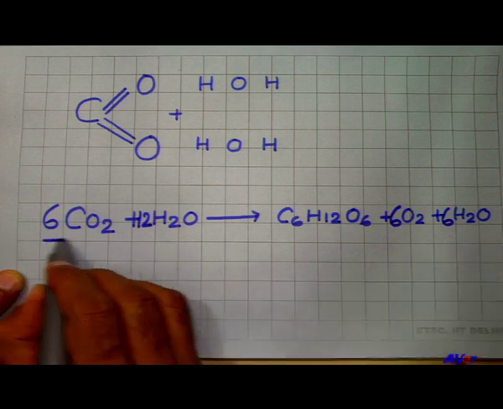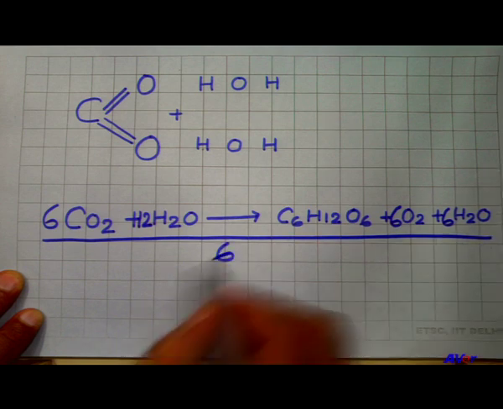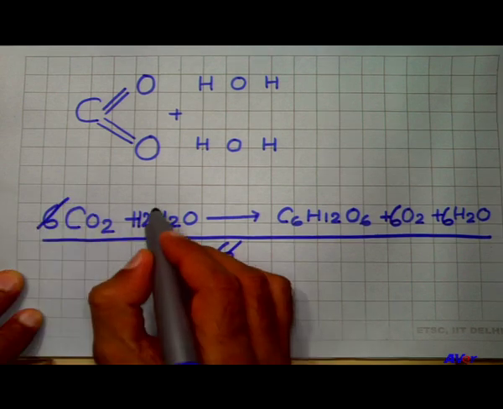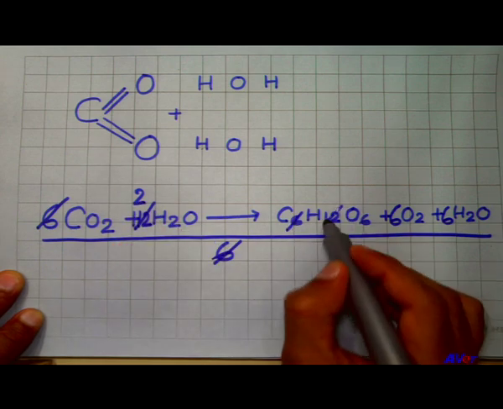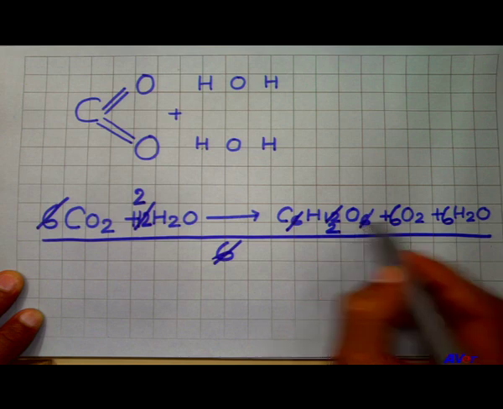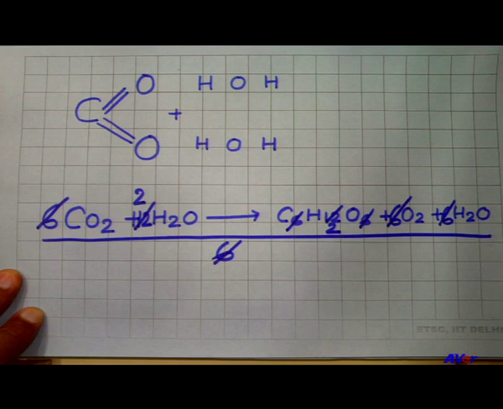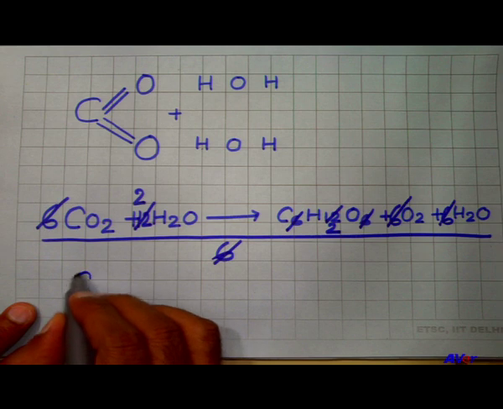Now, when we divide all of this equation by 6, we get 1, 2, 1, 1, 1.